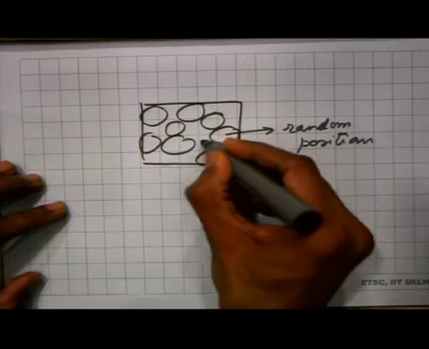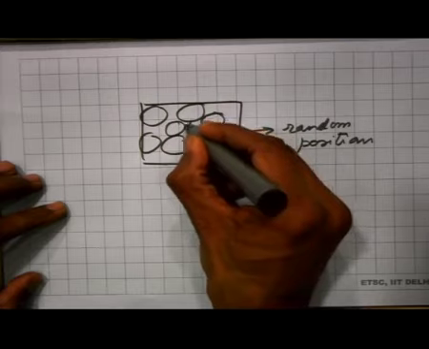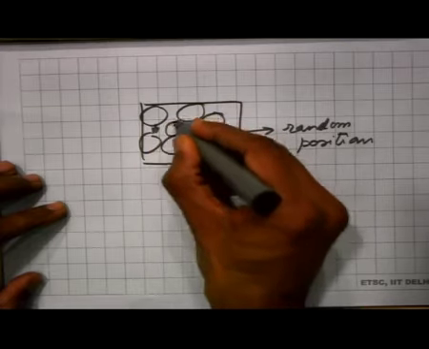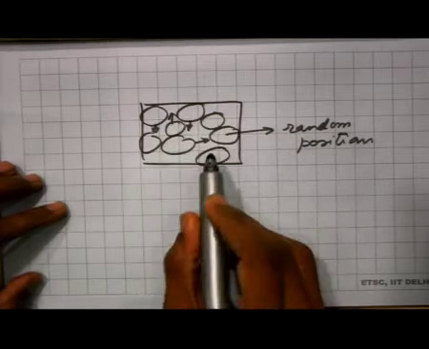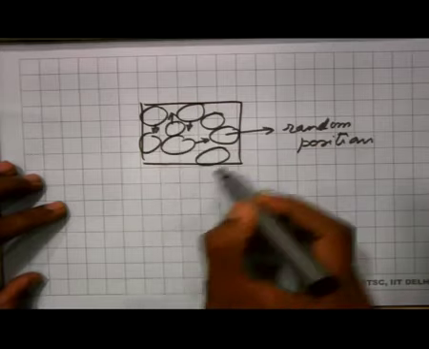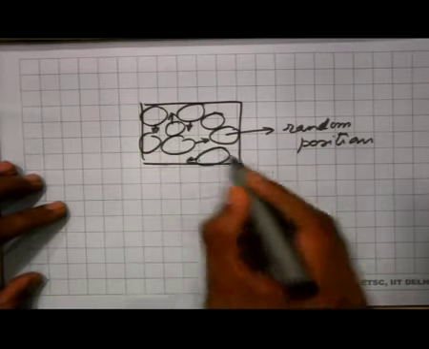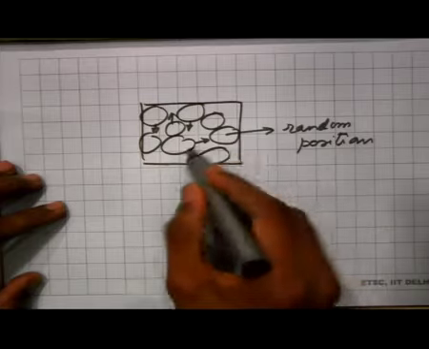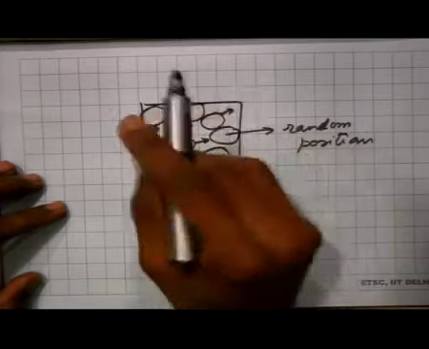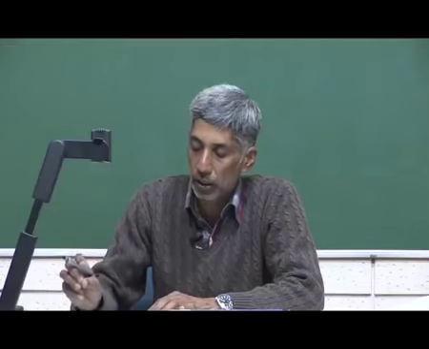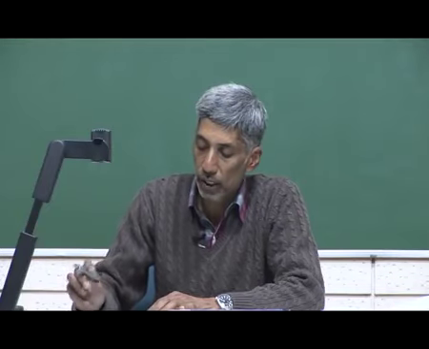And they move about. This is something that we know from other experiments. So, these molecules in this picture are moving around at random. So, they undergo collisions with each other. So, this is how we understand the kinetic molecular theory, the molecular picture of a liquid.